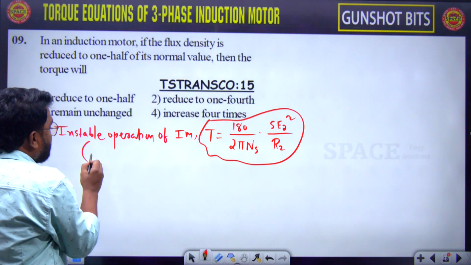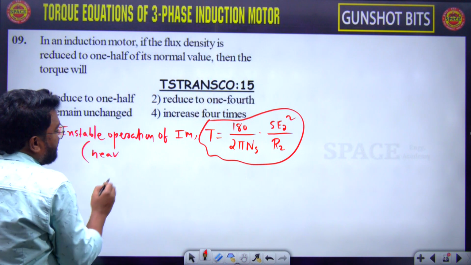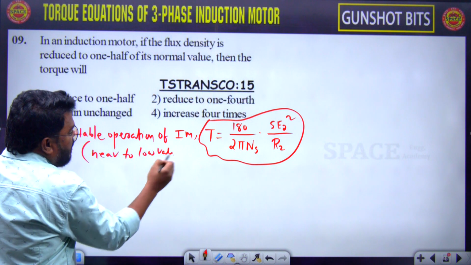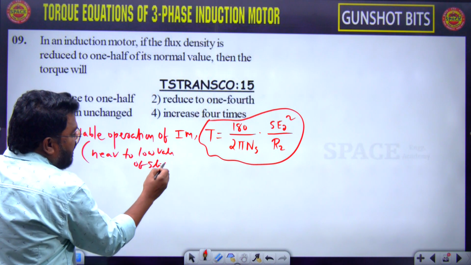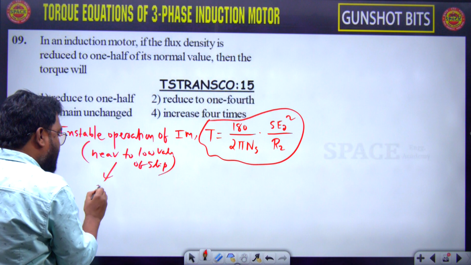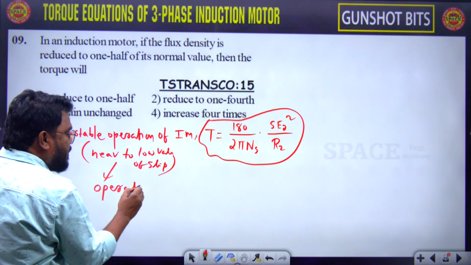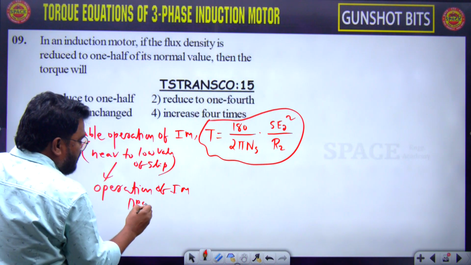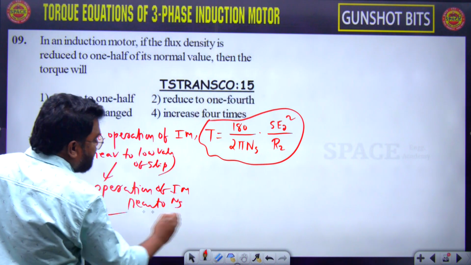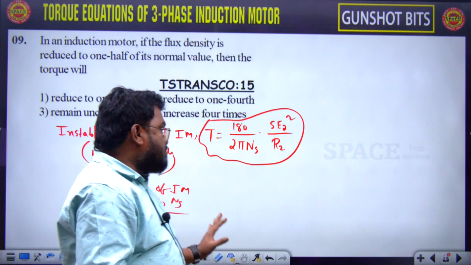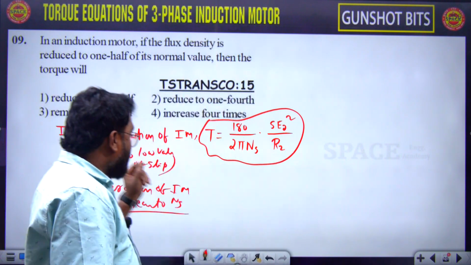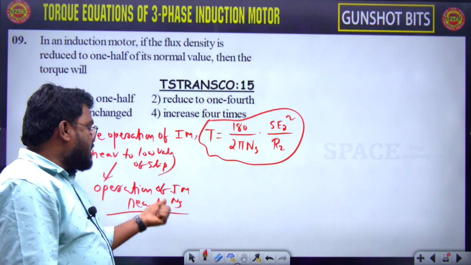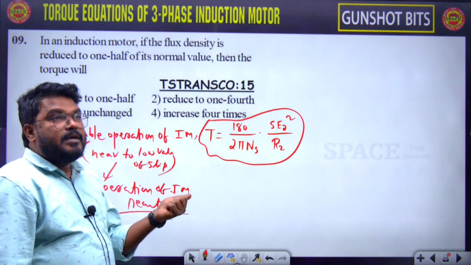Stable operating means operation near the low value of the slip of the motor, or operation of the induction motor nearer to the synchronous speed of the machine. Whenever the induction motor is operated nearer to the synchronous speed, the slip of the motor is low.